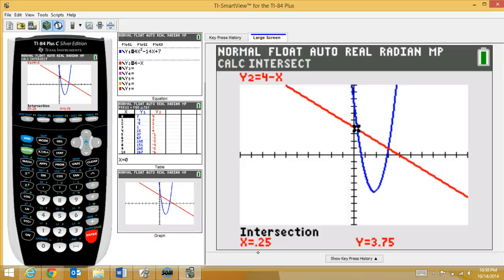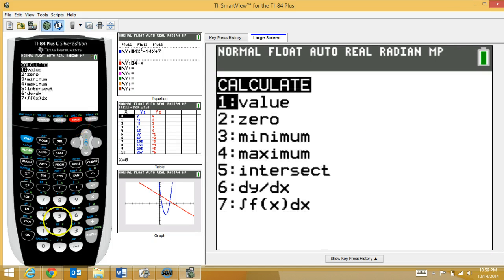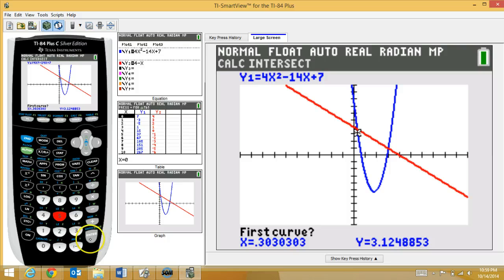Okay, then to find the second one, I'm going to calculate the intersection again. First curve, yes. Second curve, yes. And then for my guess, I'm going to go closer to this other intersection, farther away from the other one, and my second solution I see is x equals 3.